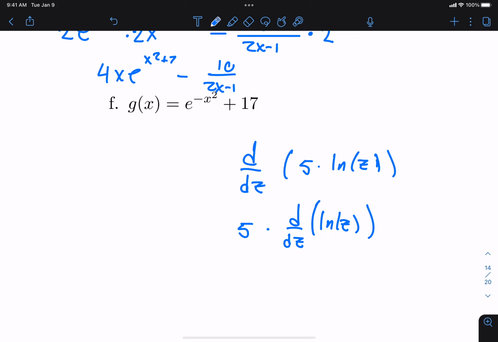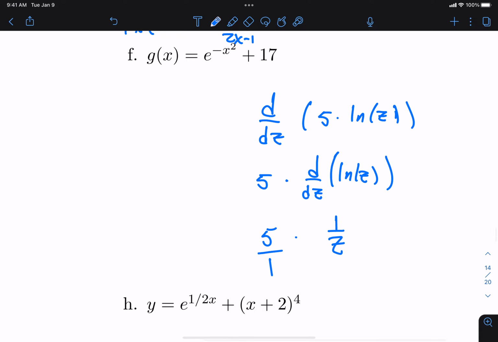You agree with me so far? And then, like you said, the derivative of ln z is 1 over z, right? So 5 times 1 over z. If I have 5 times 1 over z, you just put 5 over 1, multiply the numerators together. That gives me 5. Multiply the denominators together. That gives me z. Okay? So that's just sort of under the hood. But that's what's going on. Does that answer your question?